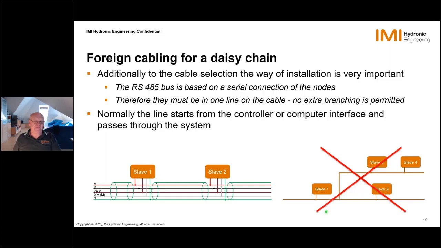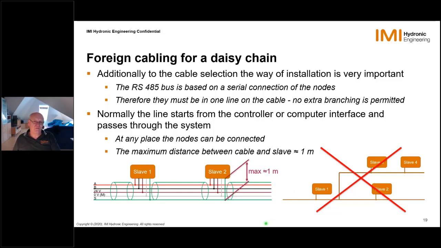Normally, you are starting from a controller or the computer interface, and then you are running through the system and taking one motor, for us, actuator, sorry. And then, of course, you can connect the nodes at any place on this cable. But there is one clear thing we have to take into consideration.